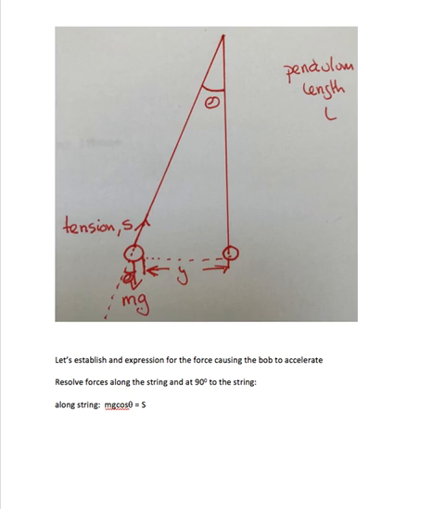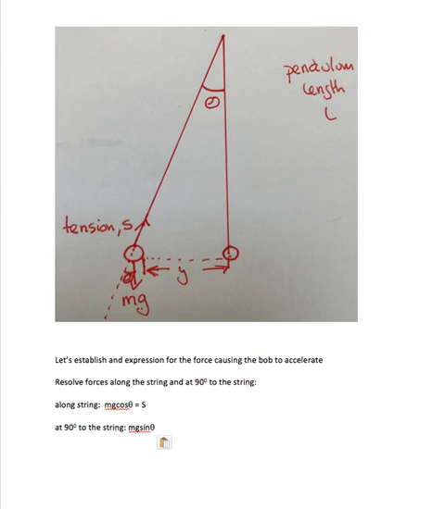So if we then carry on and resolve at right angles to the string, well, here we have mg sine theta. There are no other forces in that direction. The tension acts along the string, so there is no component at right angles to it. So we only have mg sine theta.